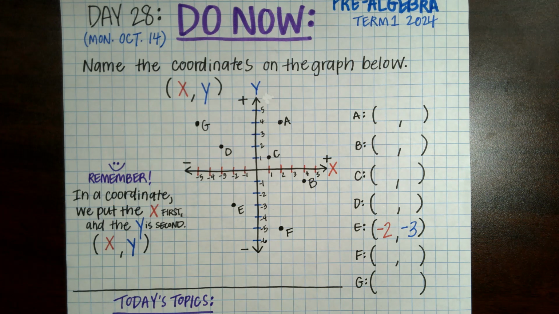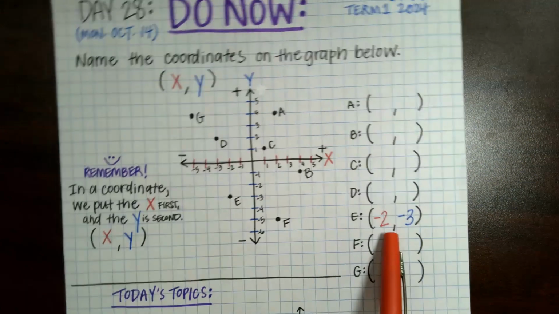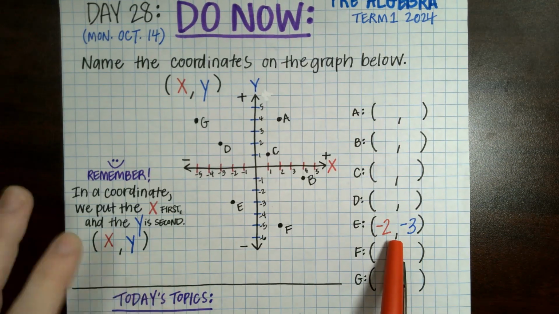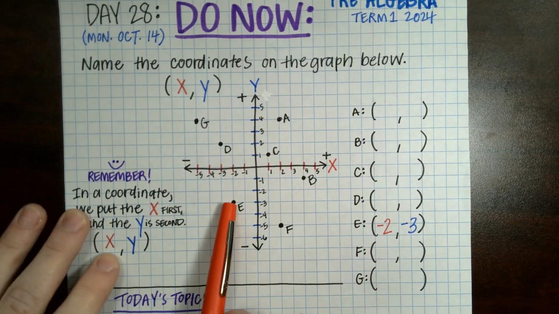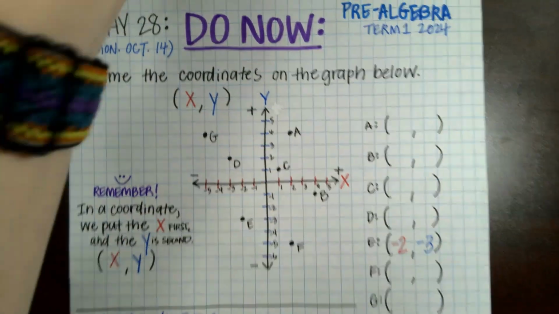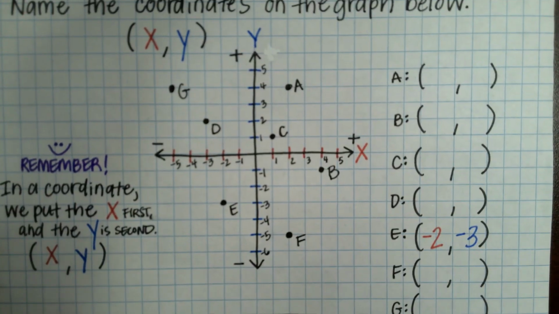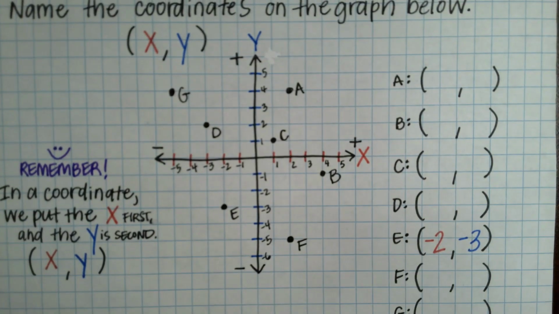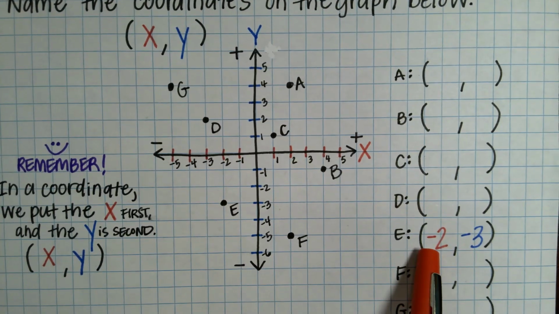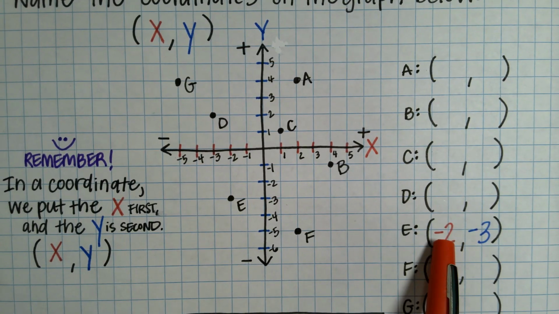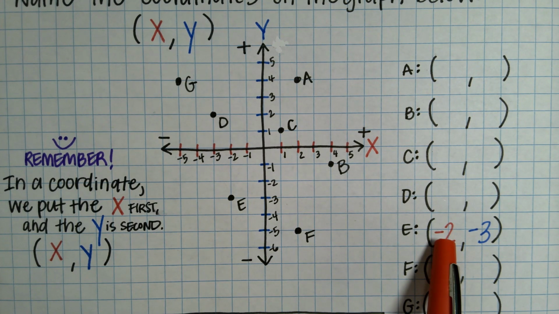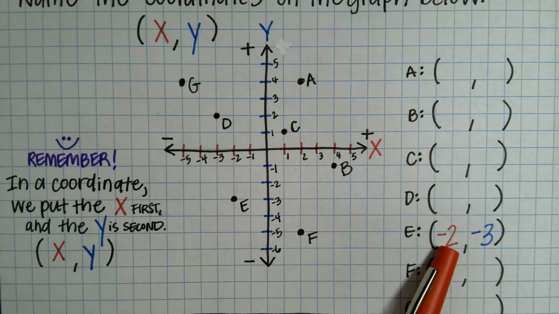That's all right. Let's look at them. So I gave you an example coordinate for point E, right here. Just in case you did forget which axis to look at for which part of the coordinate, I gave you this as a reference point. So it looks like the first value is -2. Now is that going to be the x value or the y value? X. Good.